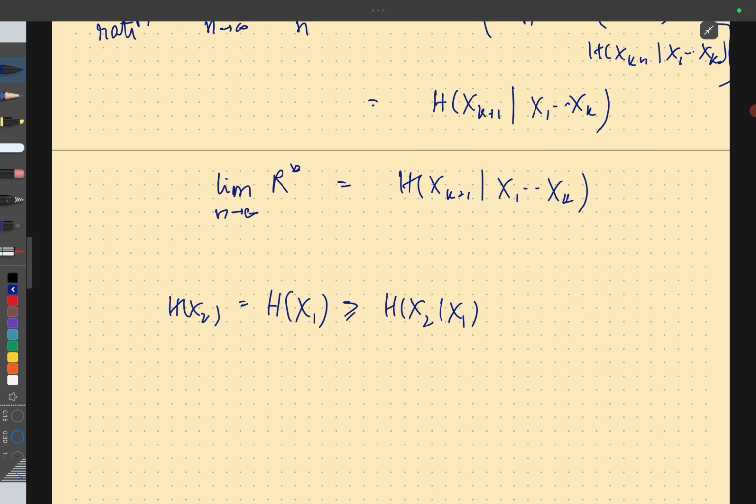Now again, I can look at triples, all possible sequences of 3 contiguous symbols, find the frequency of occurrences of all of these, and then estimate h of x3 given x1, x2. How can we conclude that h of x2 is equal to h of x1? Let's assume that the source is a stationary sequence, which is reasonable to expect in practice.